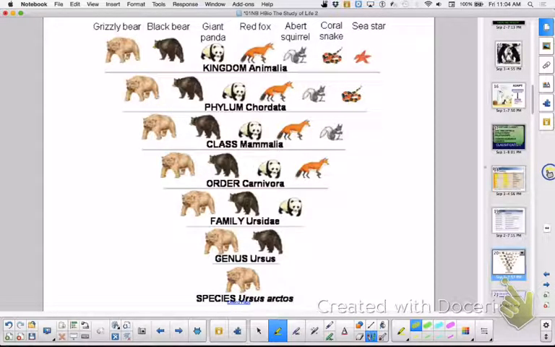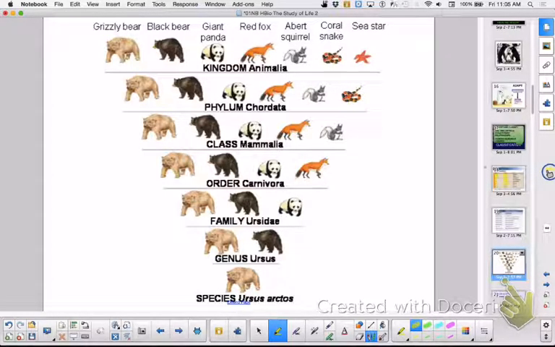We dial it down to class Mammalia, who did we lose? Snakes. Order Carnivora, who did we lose? Squirrel. Then we go down to Ursidae and we lose the fox, and then we lose the panda, etc. The most inclusive category is what? What is the most inclusive category?